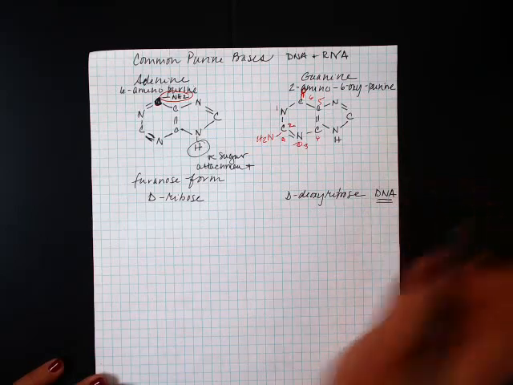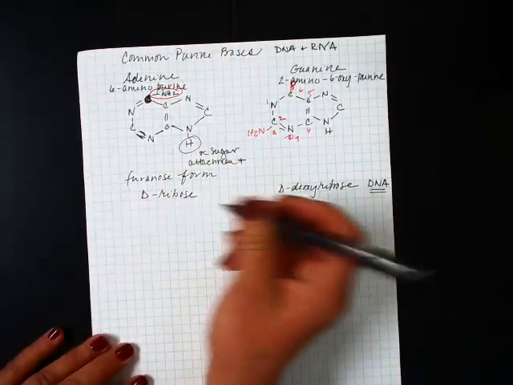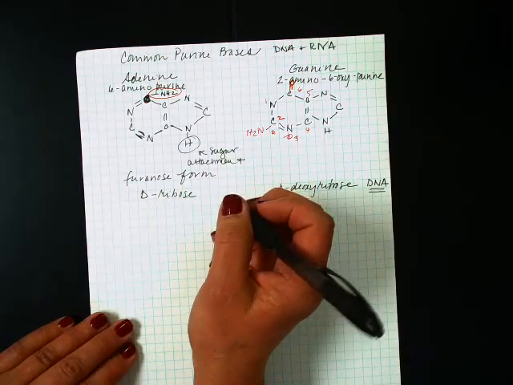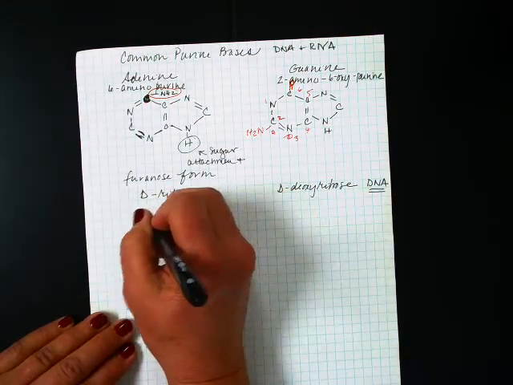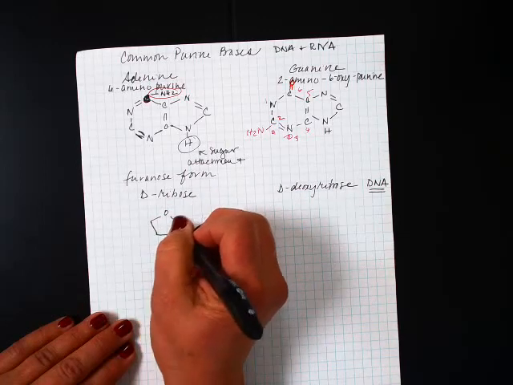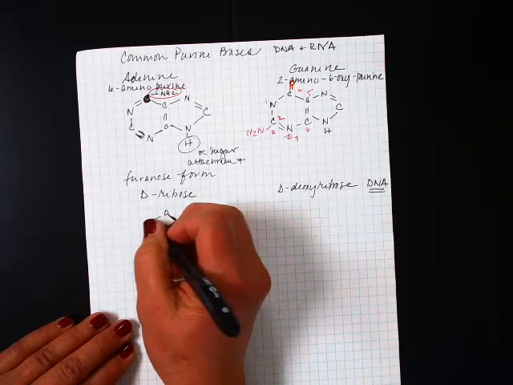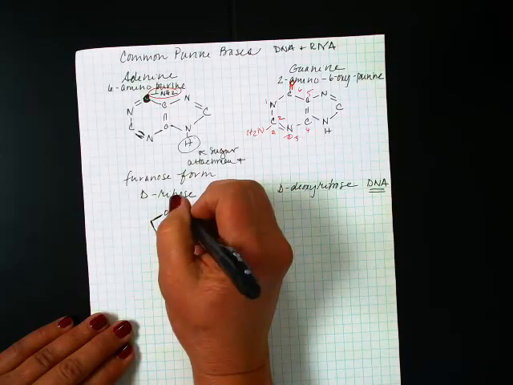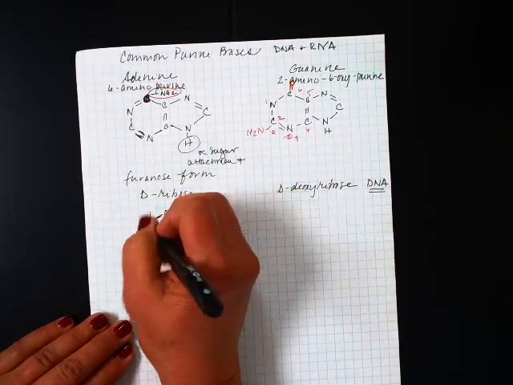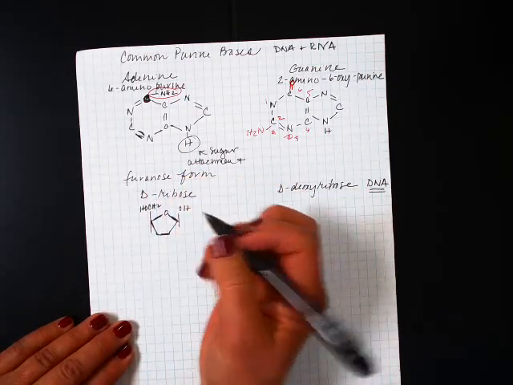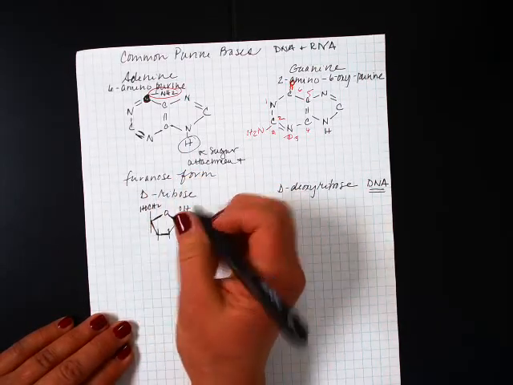The beta-D ribofuranose has this structure. Sorry, I'm not doing very well following my lines here. I purposely picked up this graph paper, and then I'm not being as careful as I had planned to be.